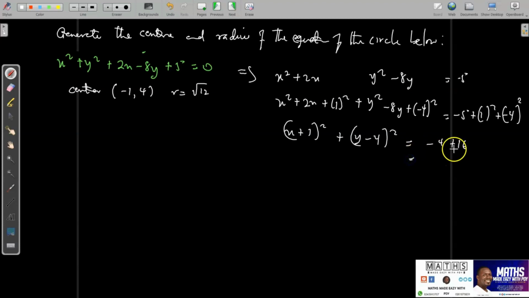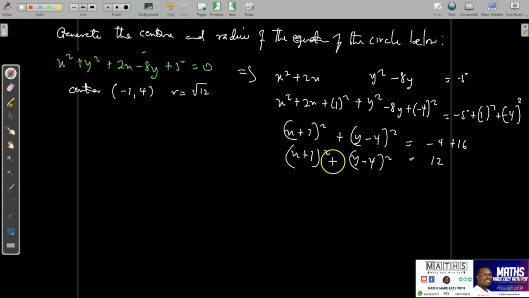What's the final answer, please? You have positive 12, y minus 4 squared, plus 1 all squared.